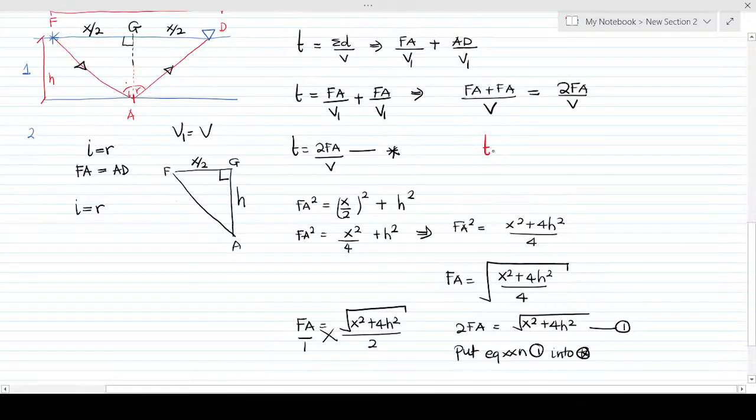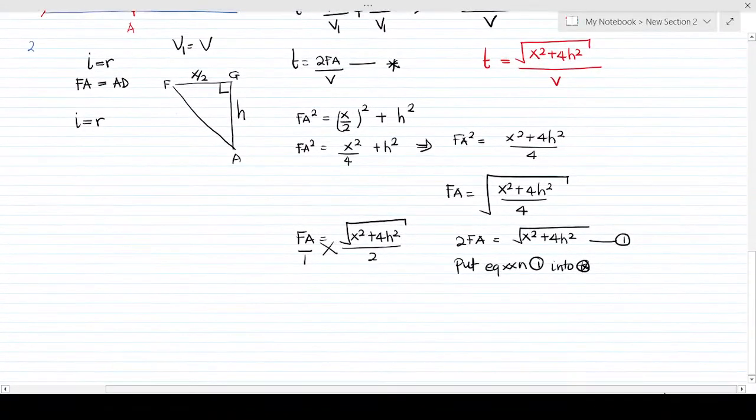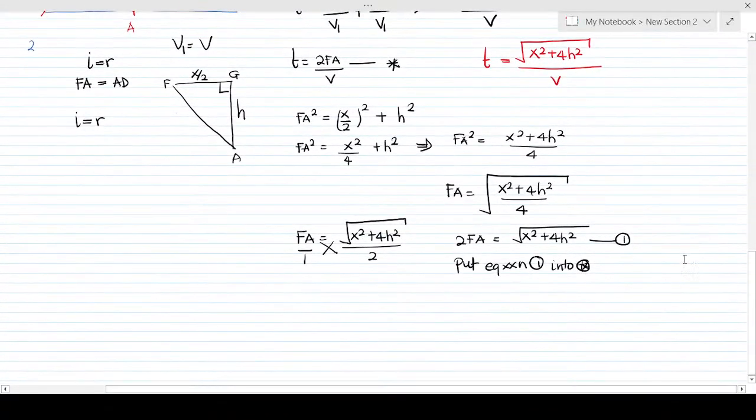We will say that T is equal to 2FA, which is now the square root of X squared plus 4H squared, all over V. Right? Now, let me look for a nice place and continue on the camera. Let me come to this side.